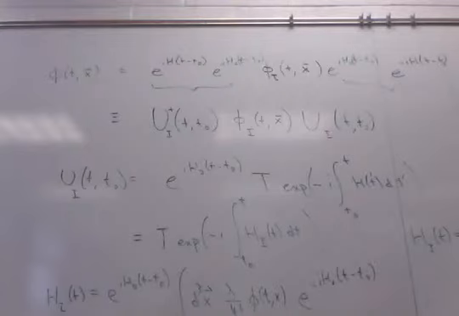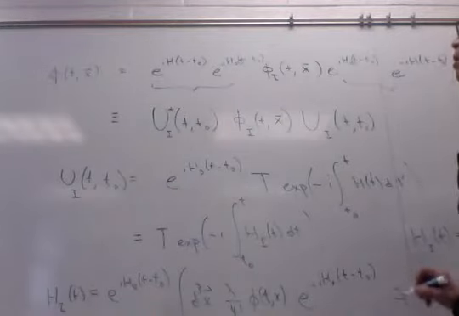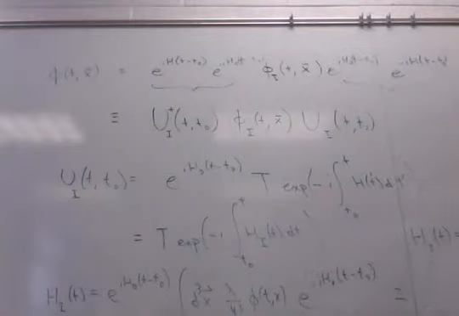Okay, so what you got here then is the integral d3x lambda over 4 factorial, and then you can write this as e to the i H0 (t minus t0) phi.